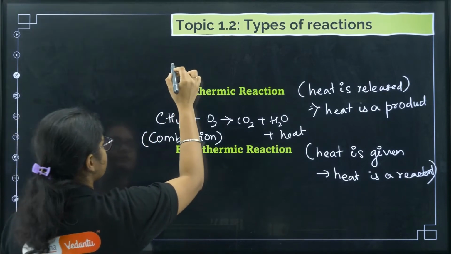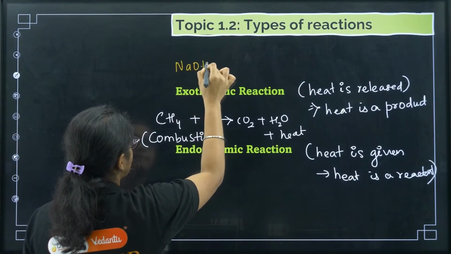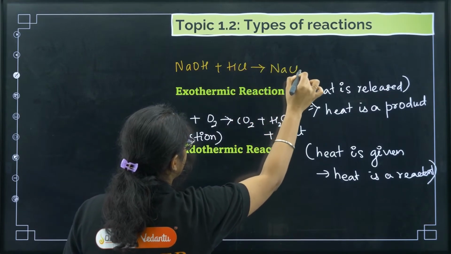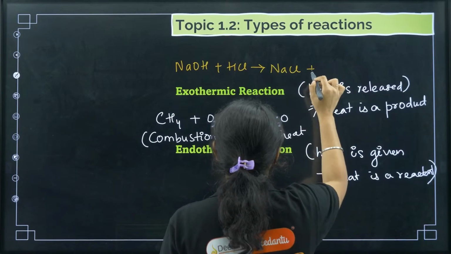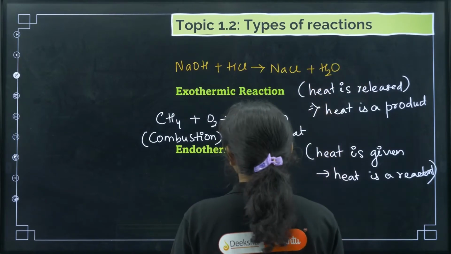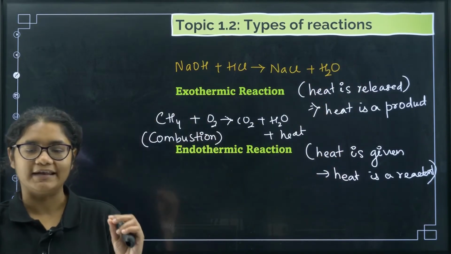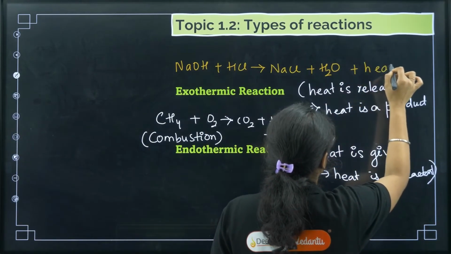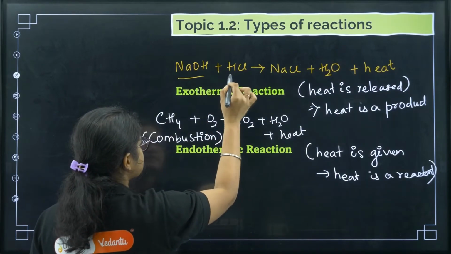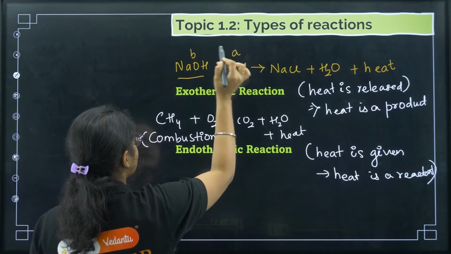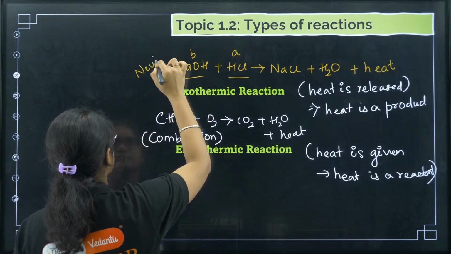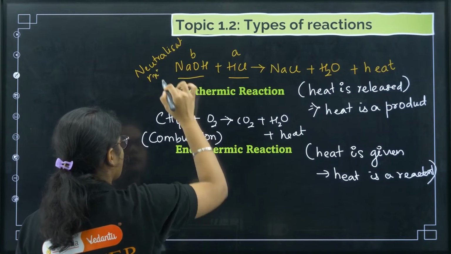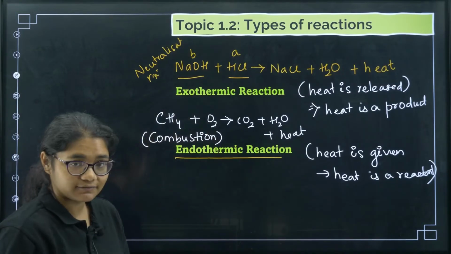Another example is the neutralization reaction. NaOH plus HCl will give you NaCl plus H2O. This is also accompanied by heat. This is a base and this is an acid, so this is your neutralization reaction. Now endothermic reactions are where heat is given to do the reaction.